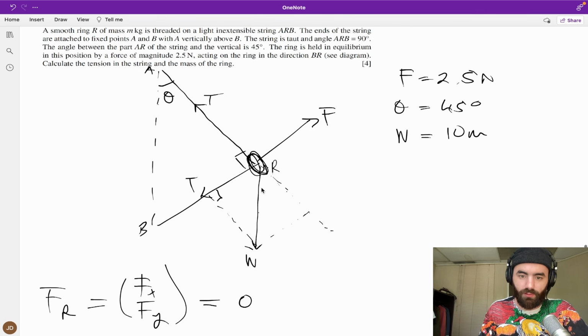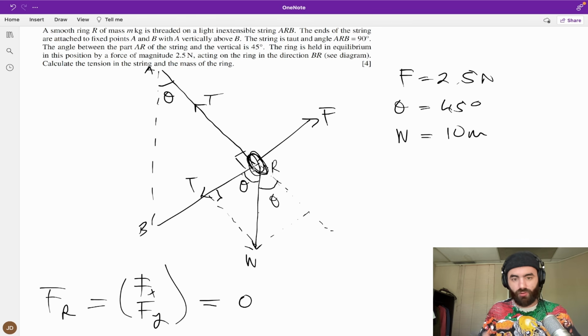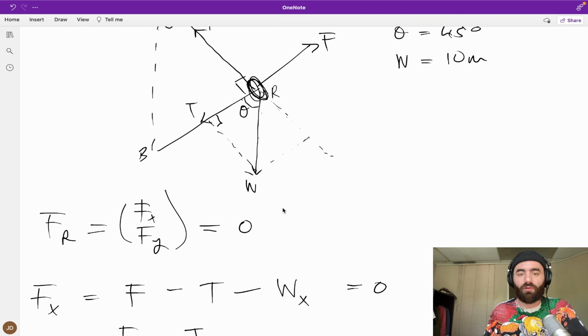Okay, so this is theta, right? Straight down and then along this A to R. And this is straight down along this A to R, right? So this is theta, and you know, this is acting straight down, so this will also be theta, right? Because this thing is cutting it straight in half. So this is theta and theta, right? I guess you could just put it on the other side if you wanted. This is theta, however way you want to think about it.